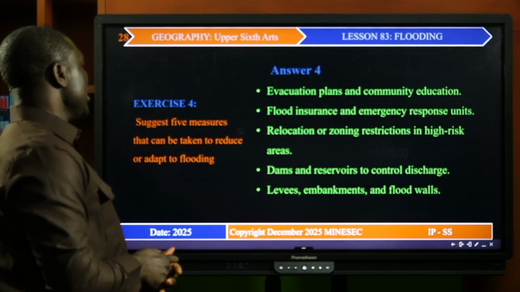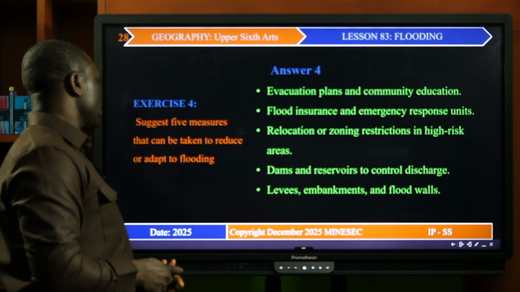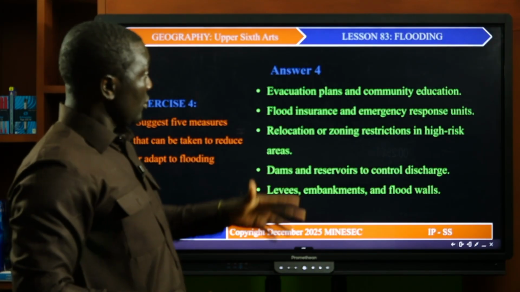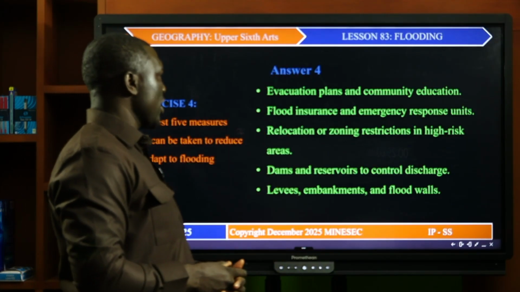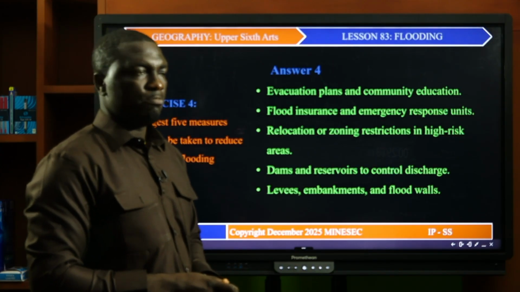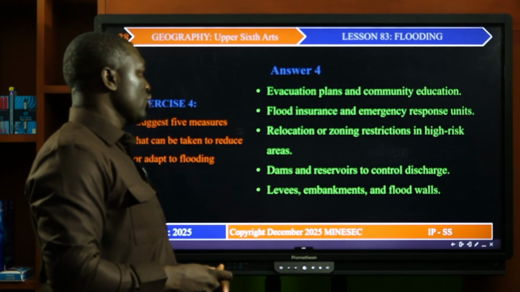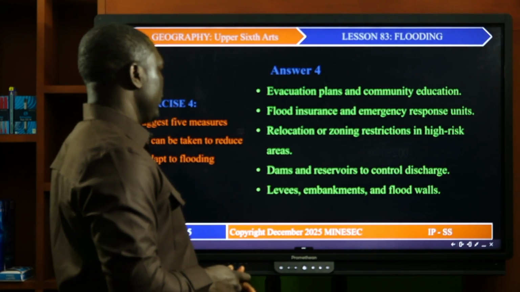Exercise 4. Suggest 5 measures that can be taken to reduce or adapt to flooding. Here are the responses. 1. Evacuation plan and community education. 2. Flood insurance and emergency response units. 3.